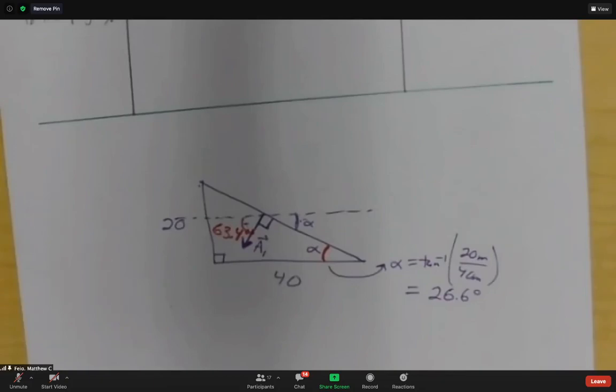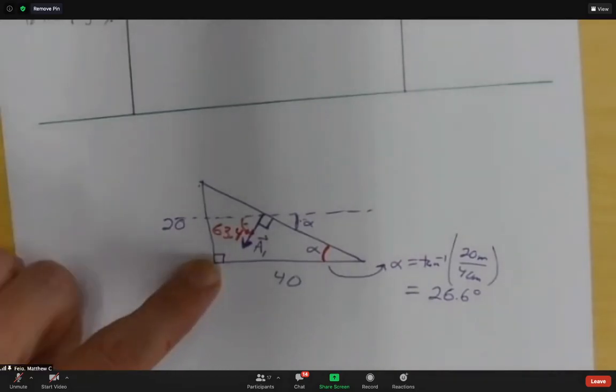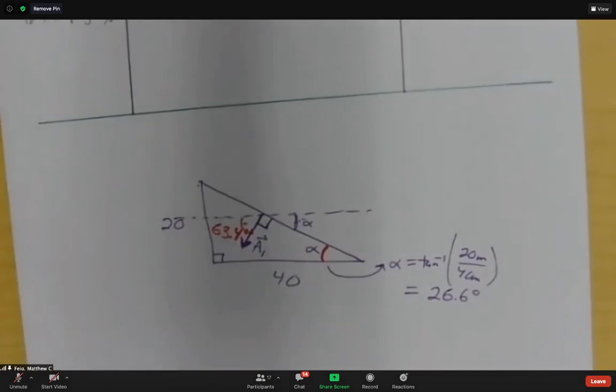So the angle to consider in the dot product is this angle take away 45. They're not parallel, but they're not too far off though. They're out of alignment by 45 degrees less than this.